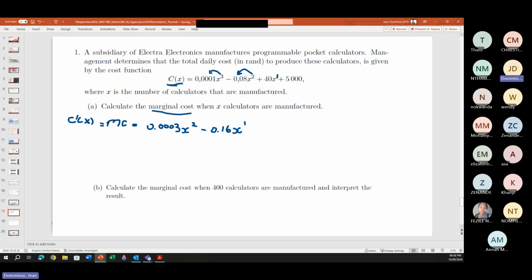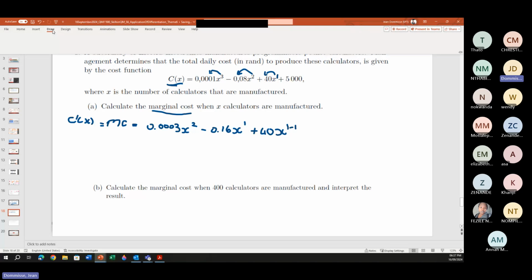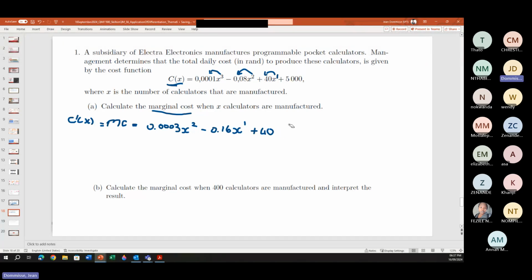Then remember there's a 1, so that goes to the front, so it is just plus 40. x to the power of 1 minus 1 is x to the power of 0, which is basically 1, so we can get rid of that.